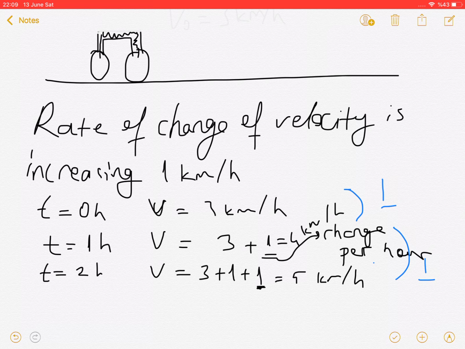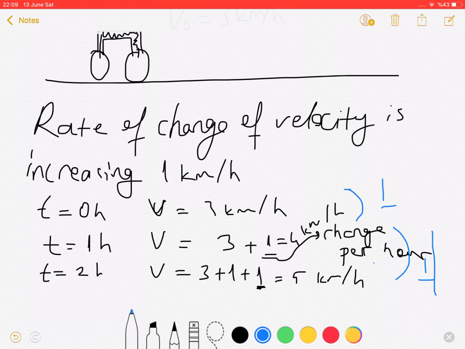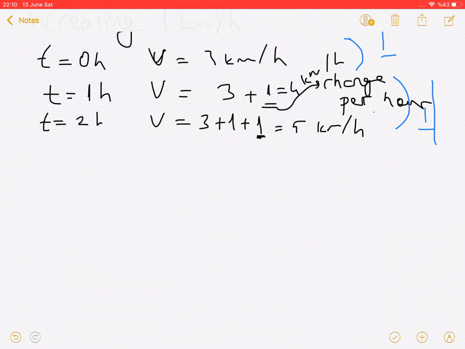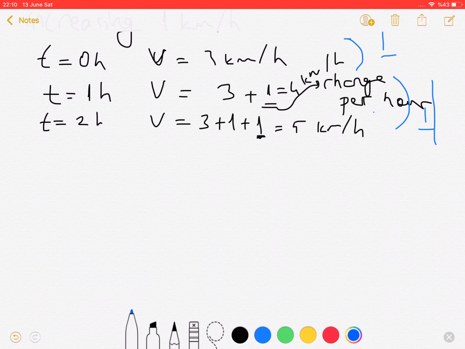Let's try to write this situation as a mathematical equation. I have such a function. Let's call this function f of t. What is my initial velocity?